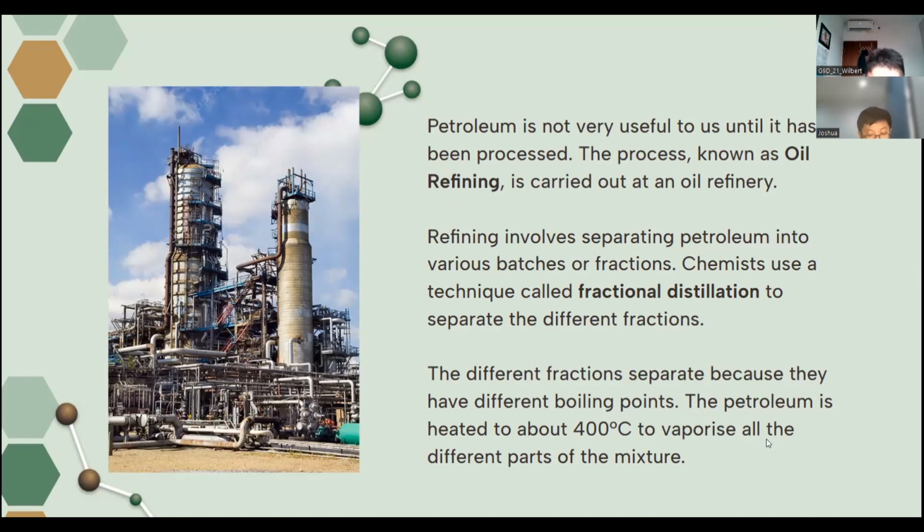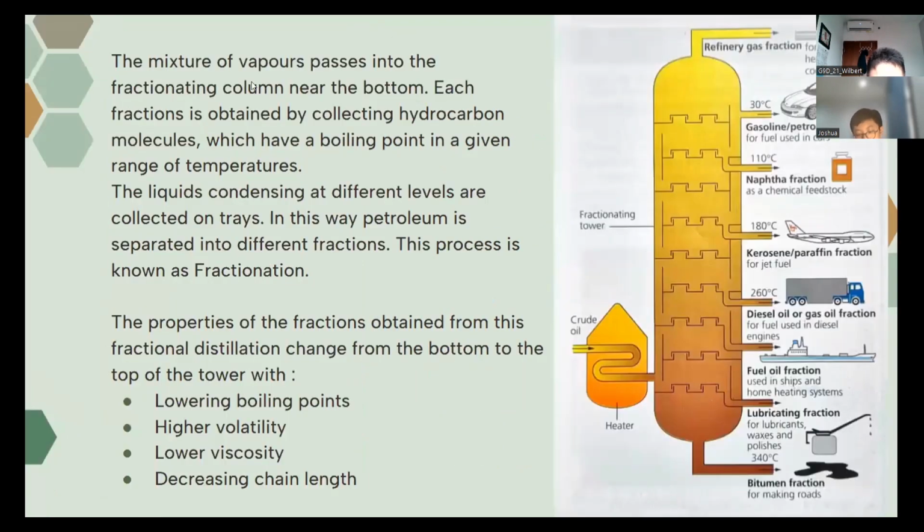The petroleum is heated to about 400 degrees Celsius to vaporize all the different parts of the mixture. The mixture of vapors passes into the fractionating column near the bottom. Each fraction is obtained by collecting hydrocarbon molecules which have a boiling point in a given range of temperatures. The liquids condensing at different levels are collected on trays.